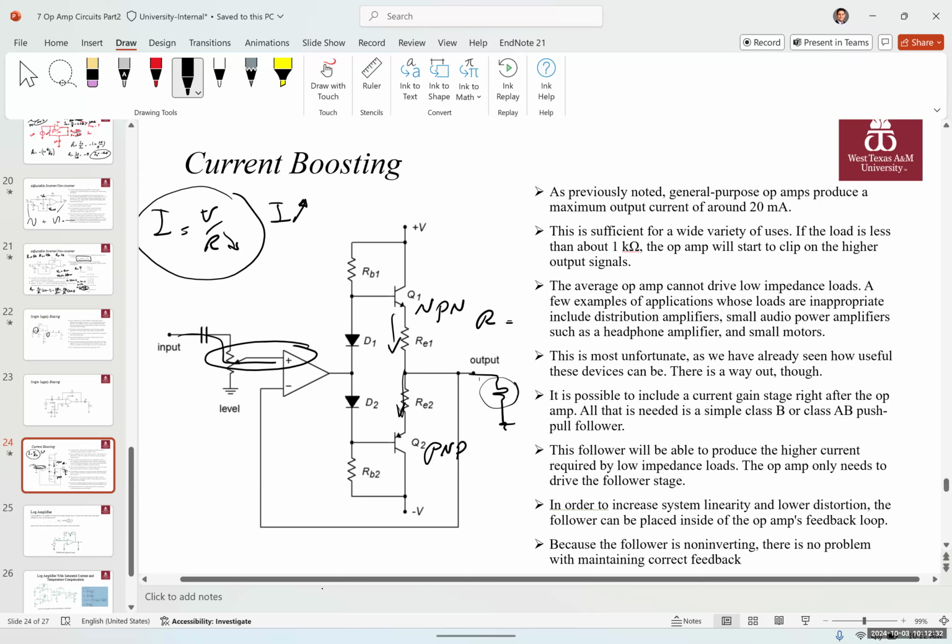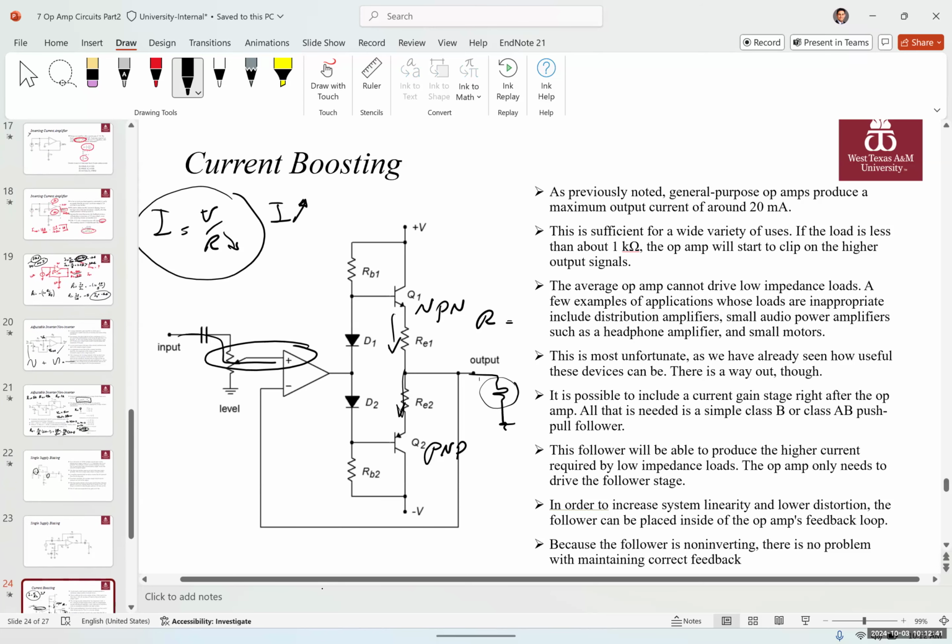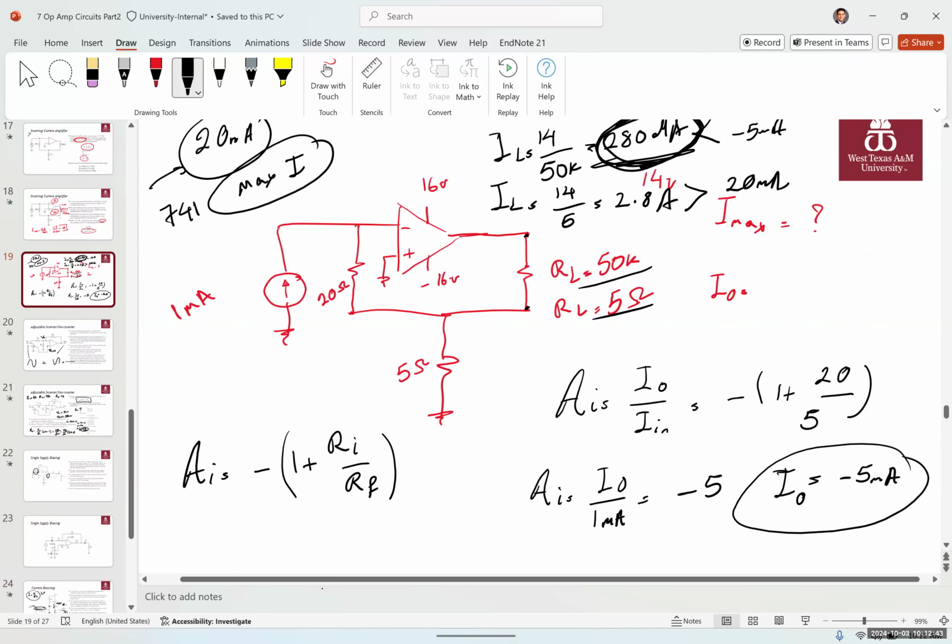As you saw from the previous slide, one reason that I added this 5 ohm here was to show that adding a 5 ohm would increase our current to 2.8, which is over our limit. And a normal speaker has a 5 ohm or 8 ohm resistor, so it's definitely going to put our system into saturation.